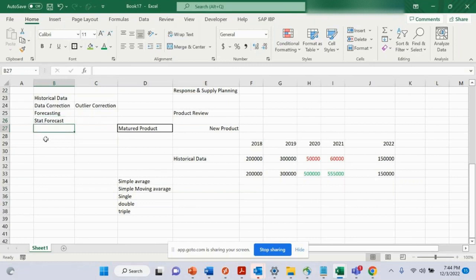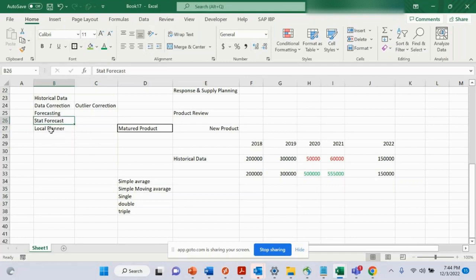Now in the present scenario, there will be business structures, like there will be planners, you can say the local planner. The local planner has some responsibility to their local warehouses, and to meet the target in the future, they edit the stat forecast.